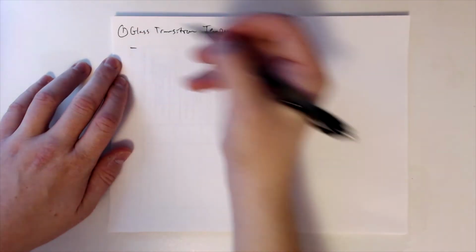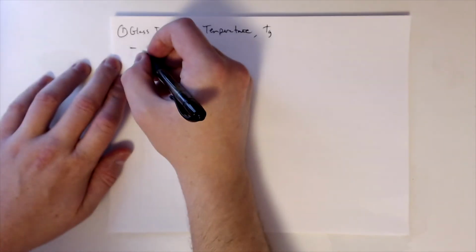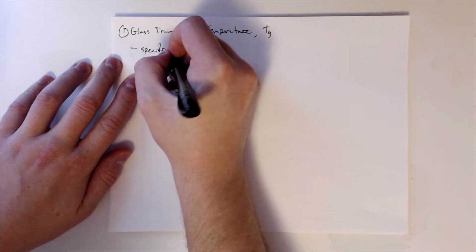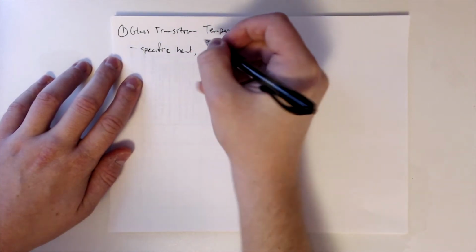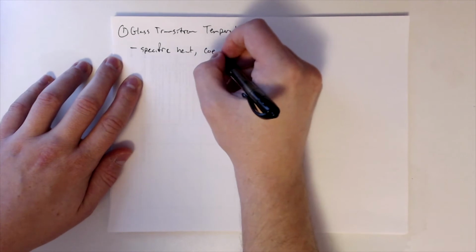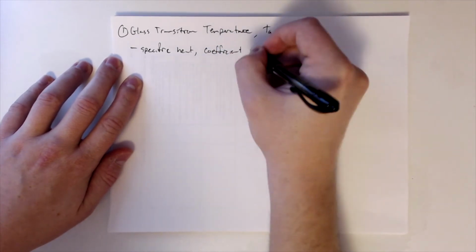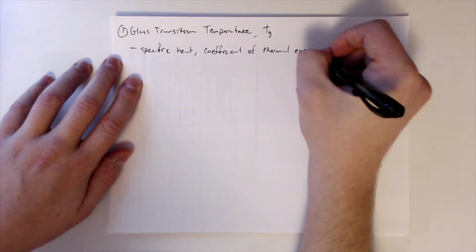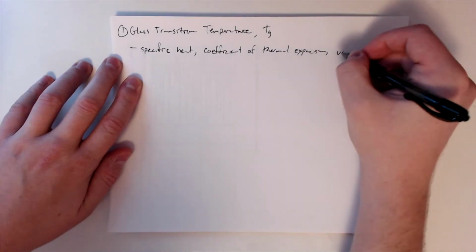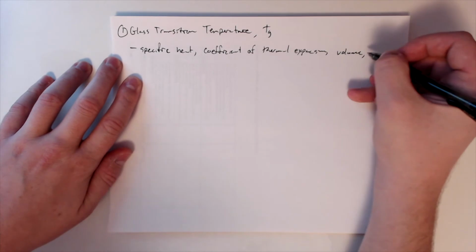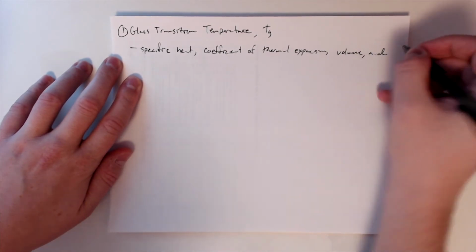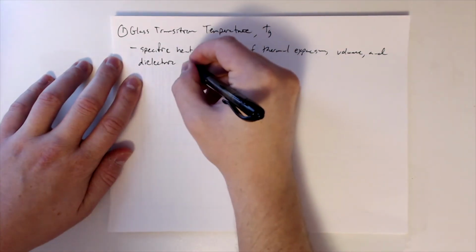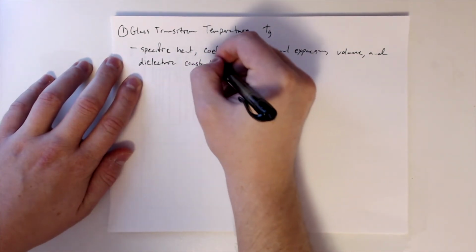At this temperature, some of the properties that change are the specific heat of a material, the coefficient of thermal expansion, volume will change, and dielectric constant. So these are all things that change.